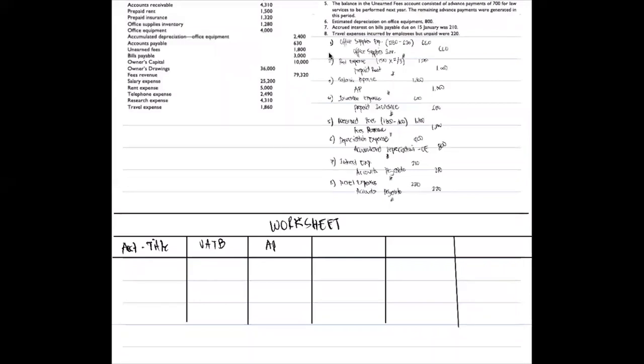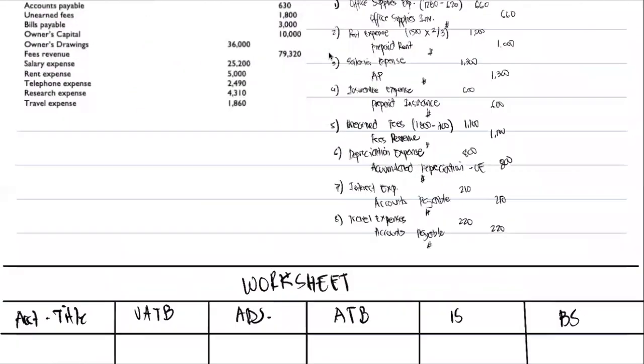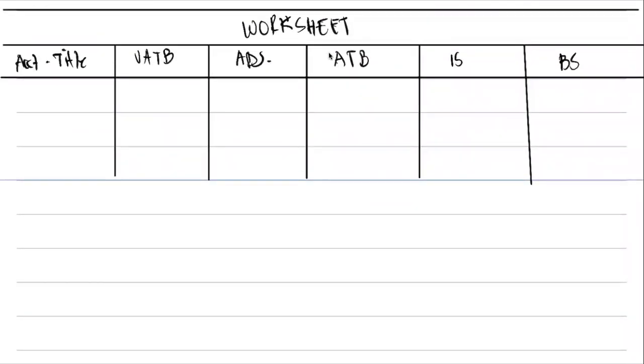You have here your adjustments. You have your adjusted trial balance, income statement, and your balance sheet. So the first thing that we need to make is, of course, we list down the different account titles. Let's just zoom this in. Okay. So the following are the account titles.